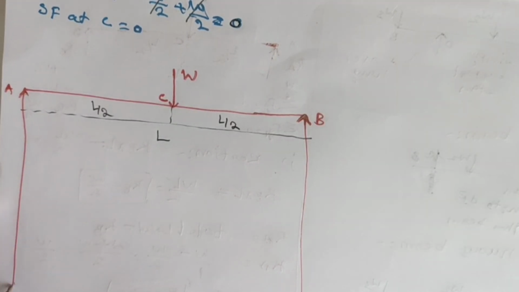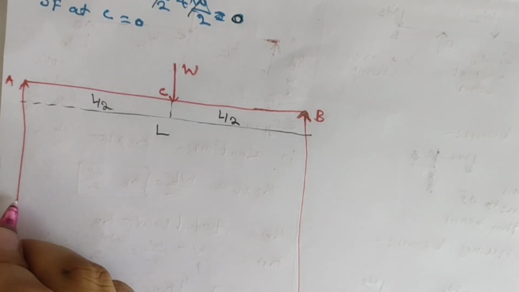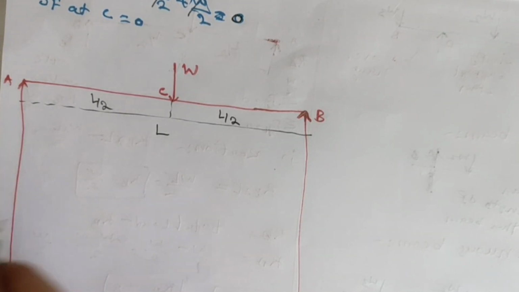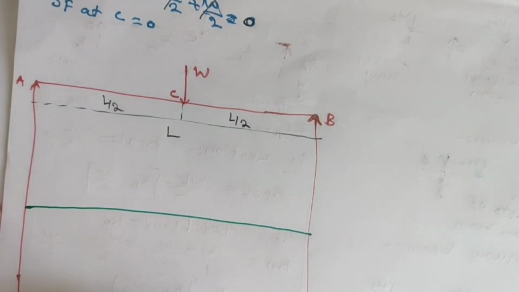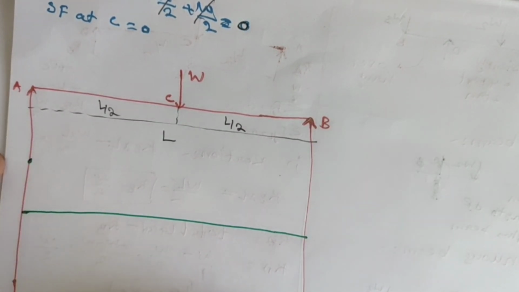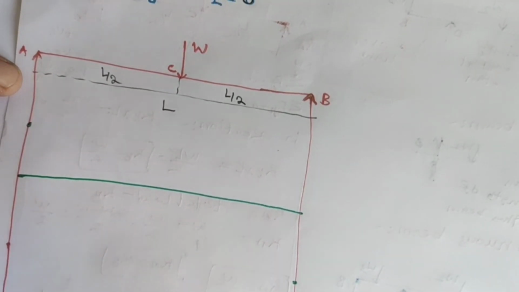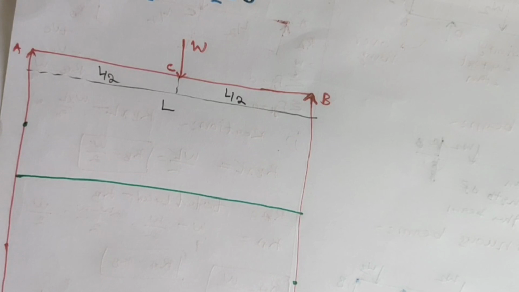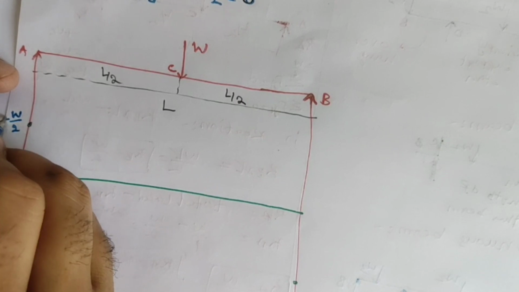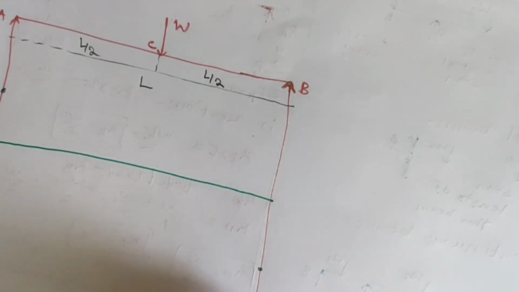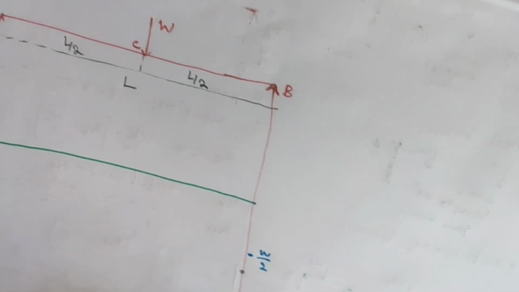Look at here, dear friends. I will extend this line. Now we will keep this point and this point. At the point of A, the shear force is how much? Shear force is W by 2 positive. At the point of B, the shear force is W by 2 but negative.